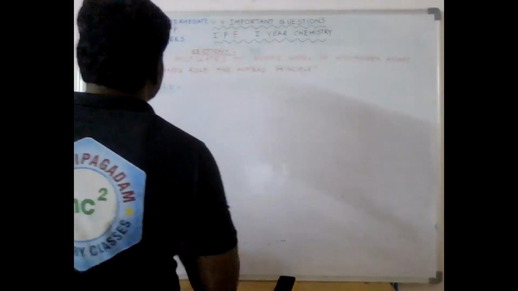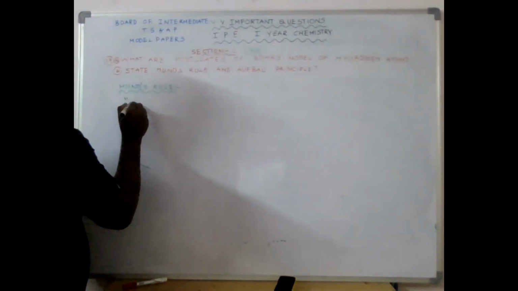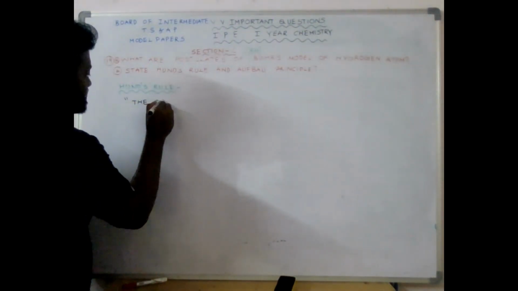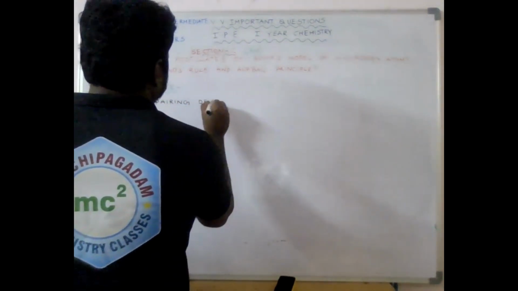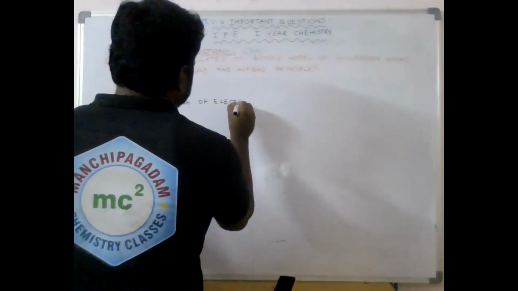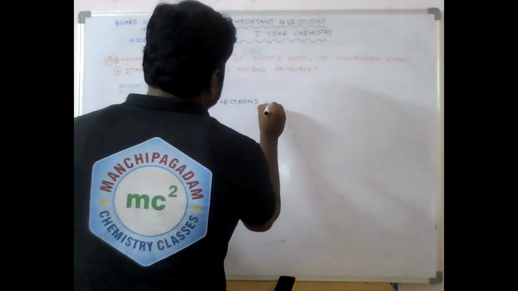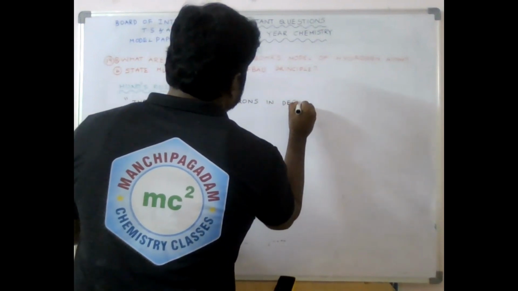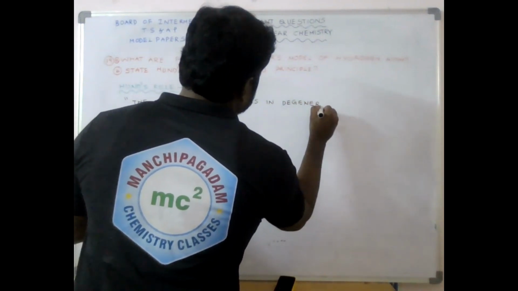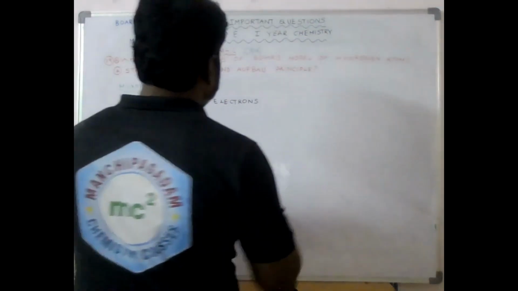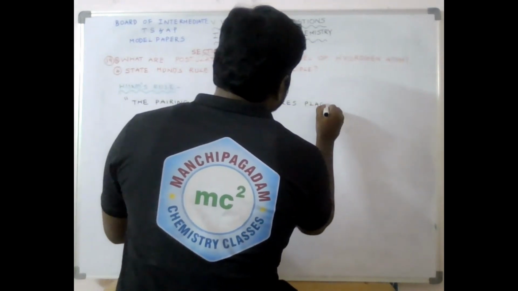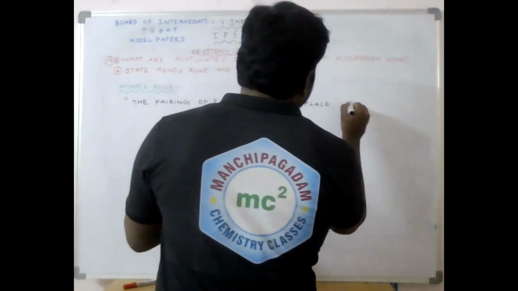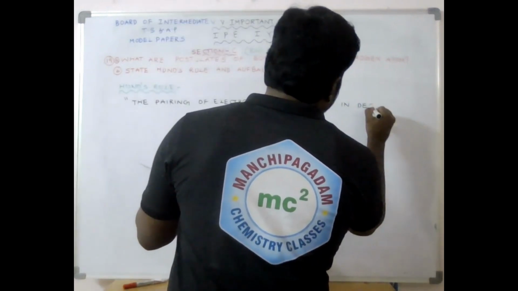So we can write that the pairing of electrons takes place in degenerate orbitals.